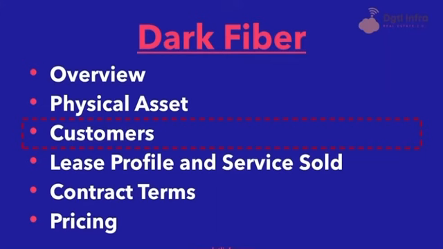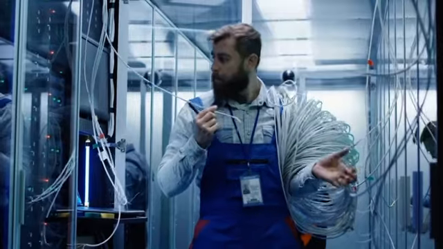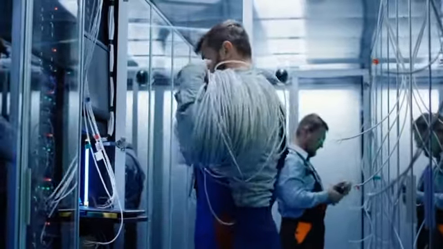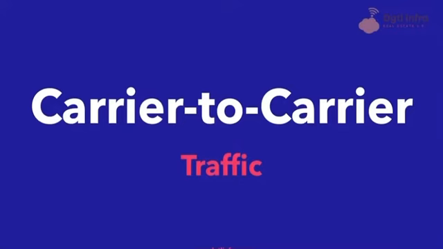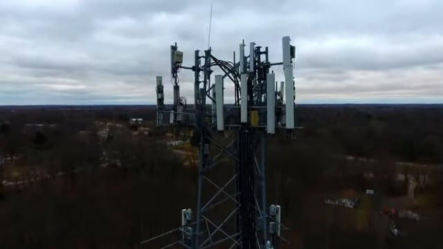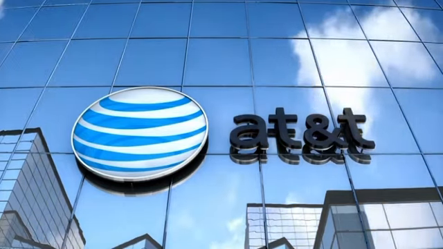In terms of customers, dark fiber is the ideal solution for sophisticated companies that have large bandwidth needs, have expertise to manage them, and want more control over their networks. Dark fiber is known as carrier-to-carrier traffic, where connectivity services are provided for wireless carriers, think of someone like AT&T.